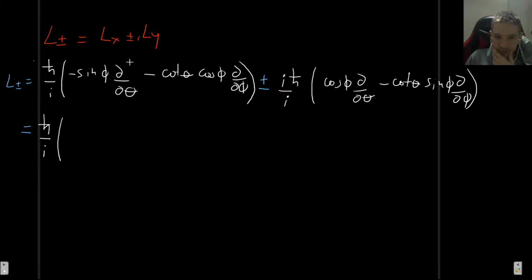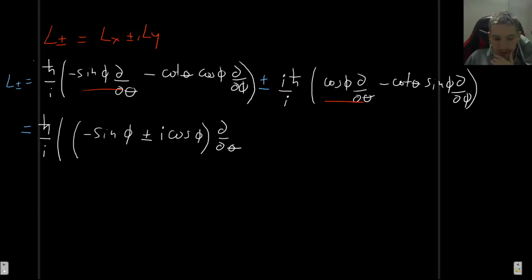And now let's put everything with the d theta together. So this part is positive, so maybe I'll put it first. It doesn't matter though. Minus sine of phi, and then I have plus or minus i times cosine of phi, d by d theta. So here I just use this and this. Next comes all that has this d by d phi.